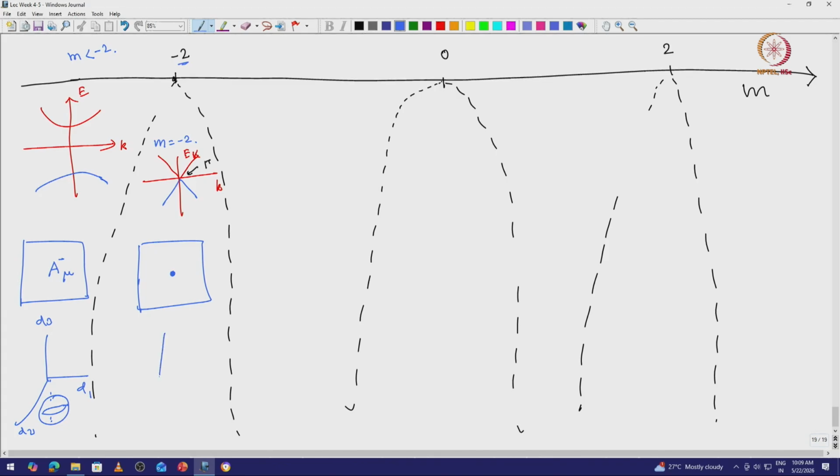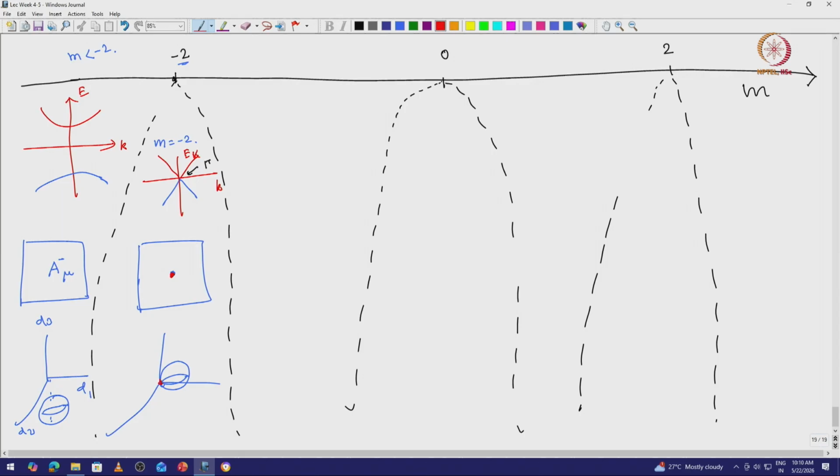And at some value, the surface of the eigenvector just touches the singular point d equal to 0.